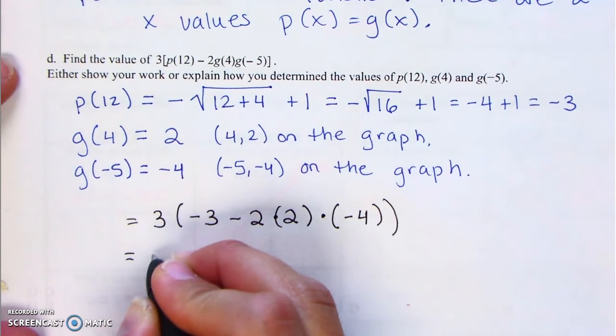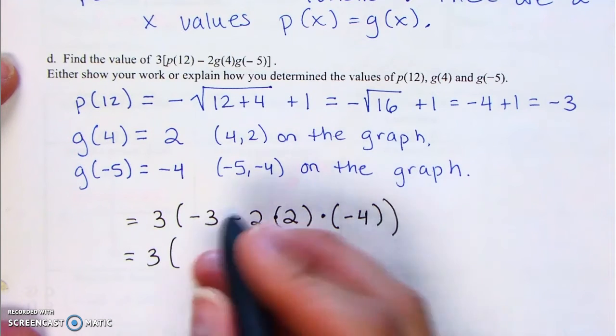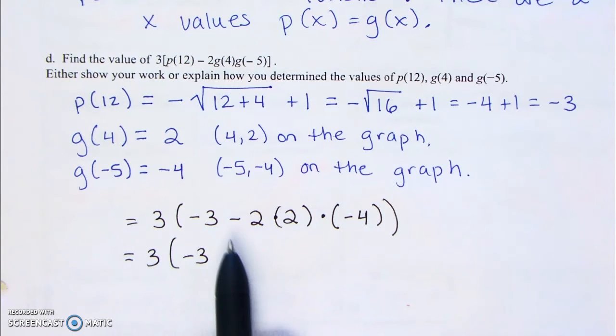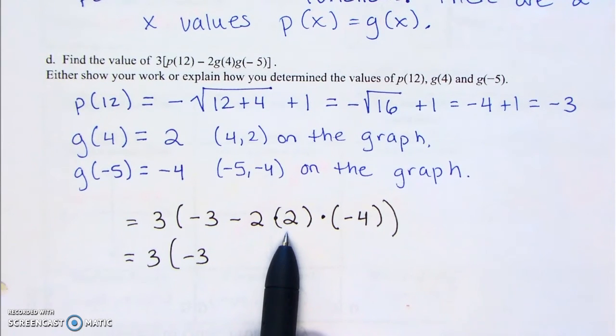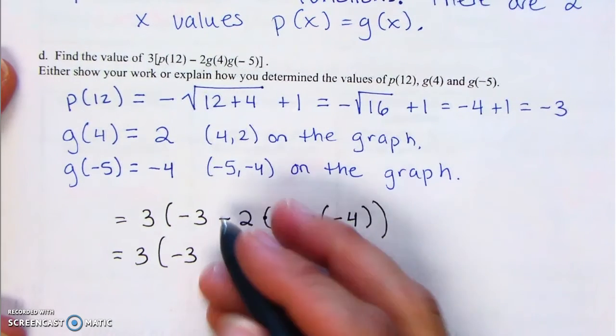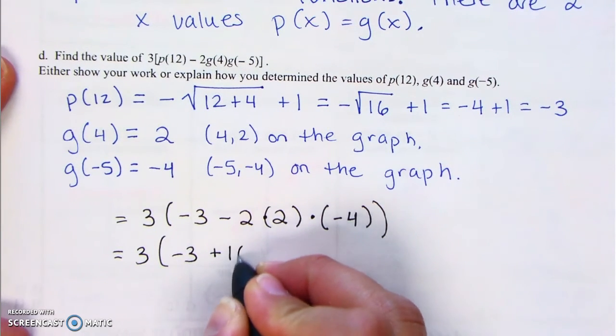Okay, inside out. I'm not going to touch this negative 3 because we're supposed to do multiplication first. So what's negative 2 times 2? Negative 4. And then what's negative 4 times negative 4? So we're going to have plus 16.